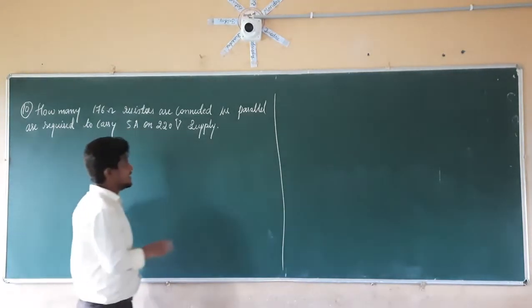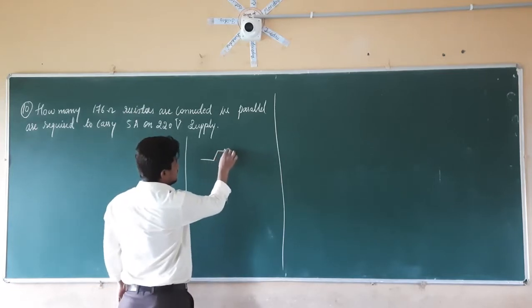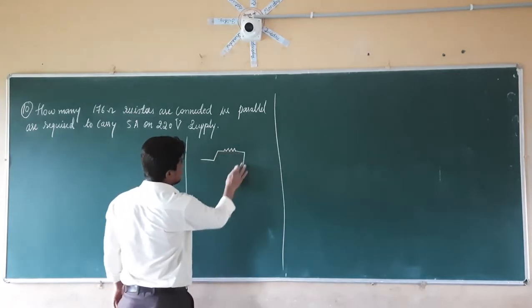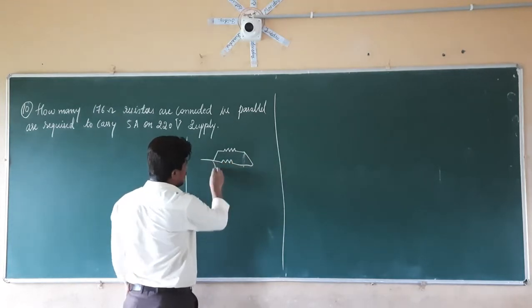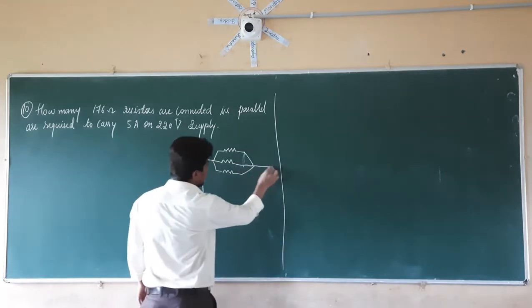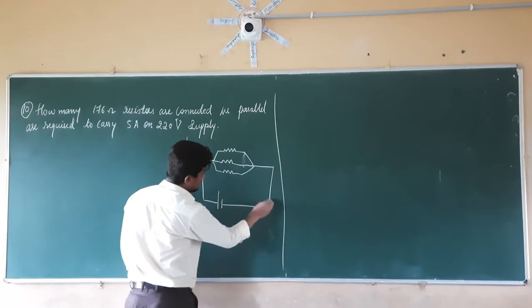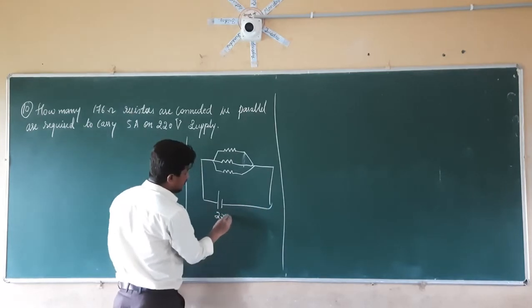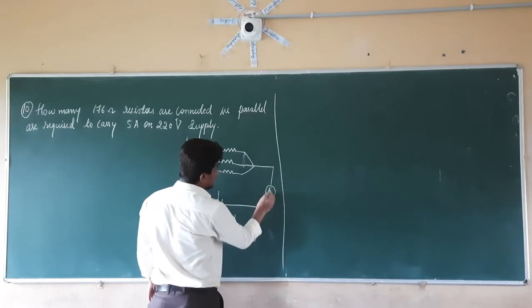So if you see here what is given in the problem statement, they are given that resistors having resistance of 176 ohms are connected in parallel to a 220 volt supply, and the current flowing is equal to how much?